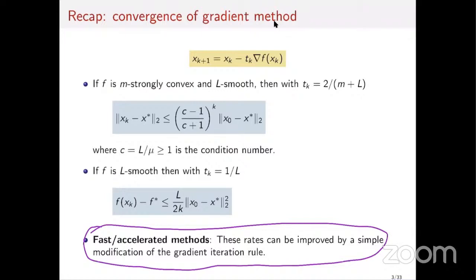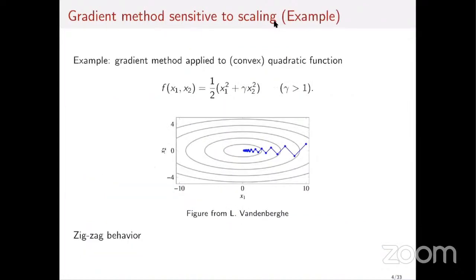To motivate the discussion a bit, let's go back to a figure that we saw yesterday. This is the gradient method applied to a simple scaled quadratic function, 1/2 of x1 squared plus gamma x2 squared, where gamma is bigger than 1.